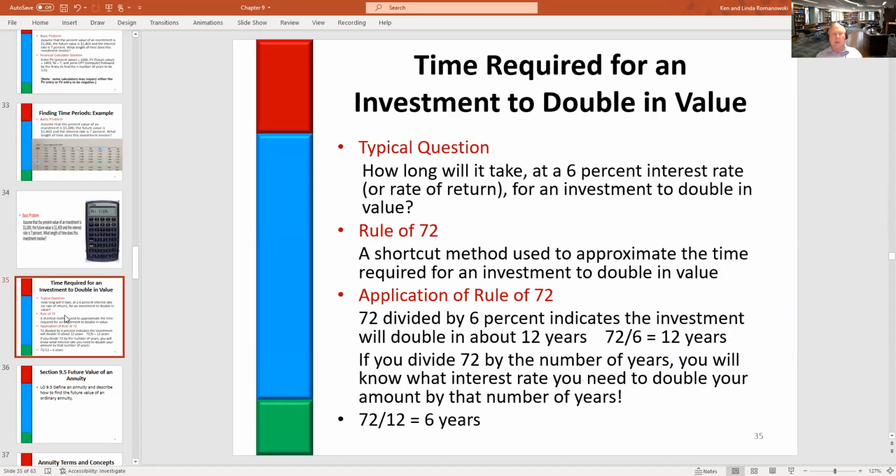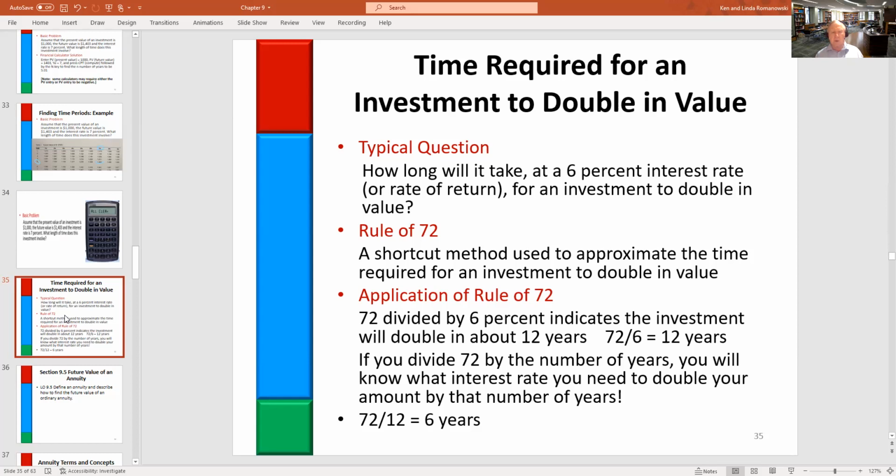Okay, now here's another quick method of determining how quickly an investment will double in value. It's a pretty nifty trick, and it's pretty accurate too. It's called the rule of 72. So this will give you the approximate time it will take, given a certain interest rate, to double your money.